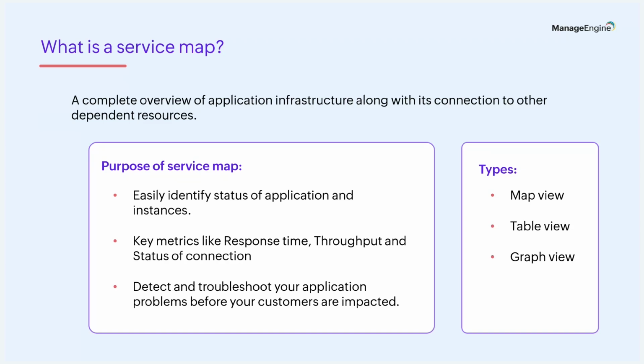The main purpose of a service map is to identify the status of the application and its related instances, and also monitor key metrics like response time, throughput, and the status of the connection between the applications and services, and detect and troubleshoot any application problems before customers are impacted.